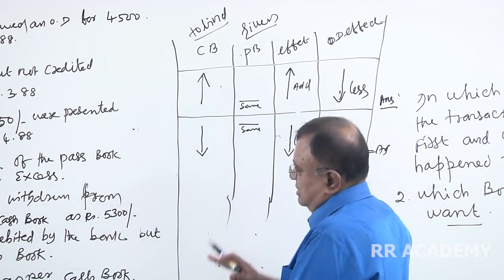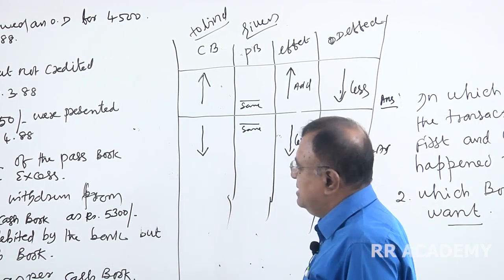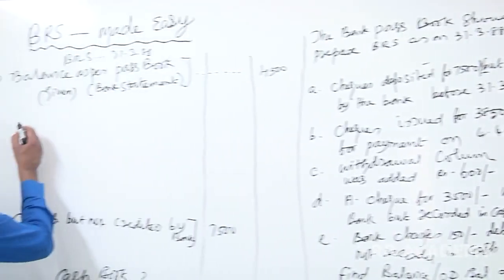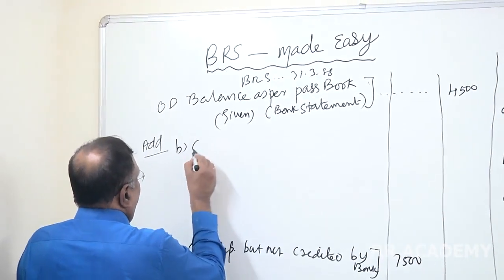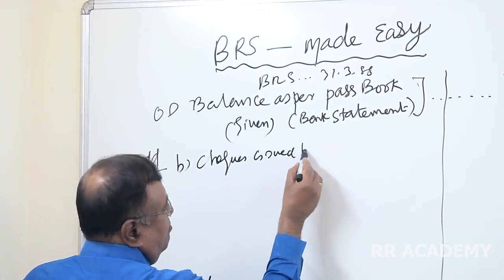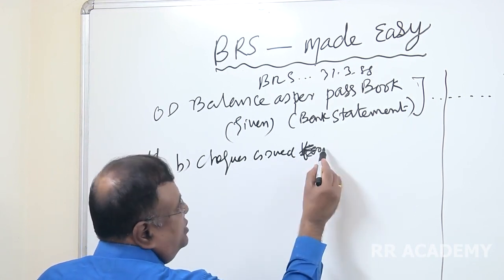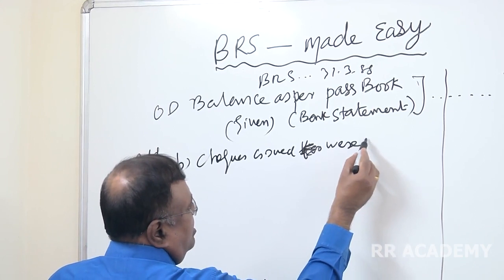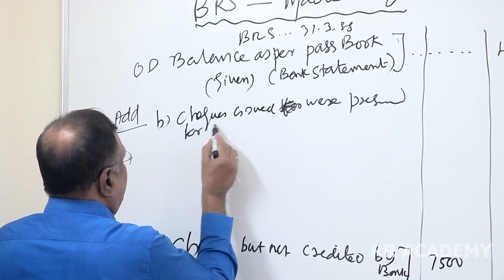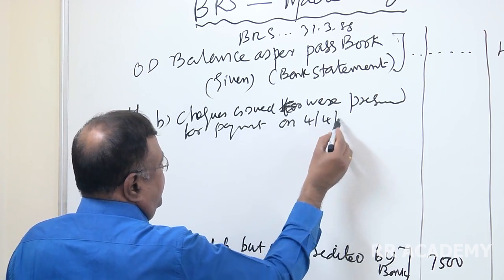But of course, this will work out more appropriately. You will get the answer immediately. Now add. That is B. Whatever is there, checks issued were presented for payment on 4/4/88.